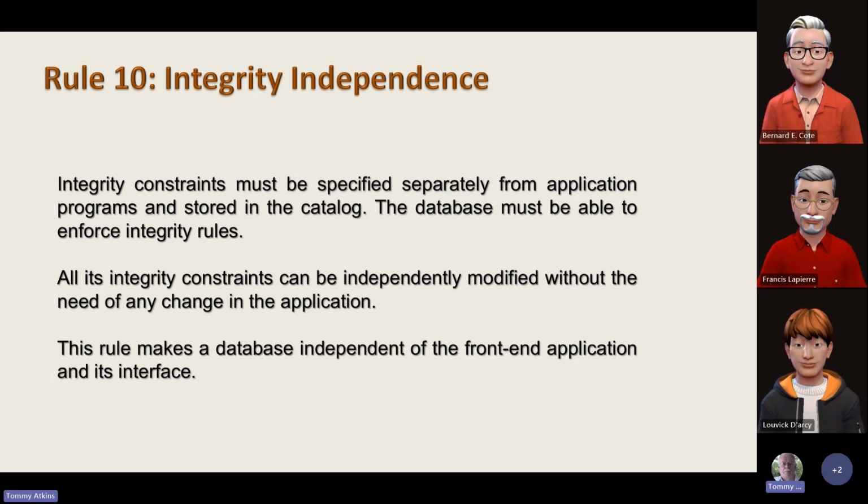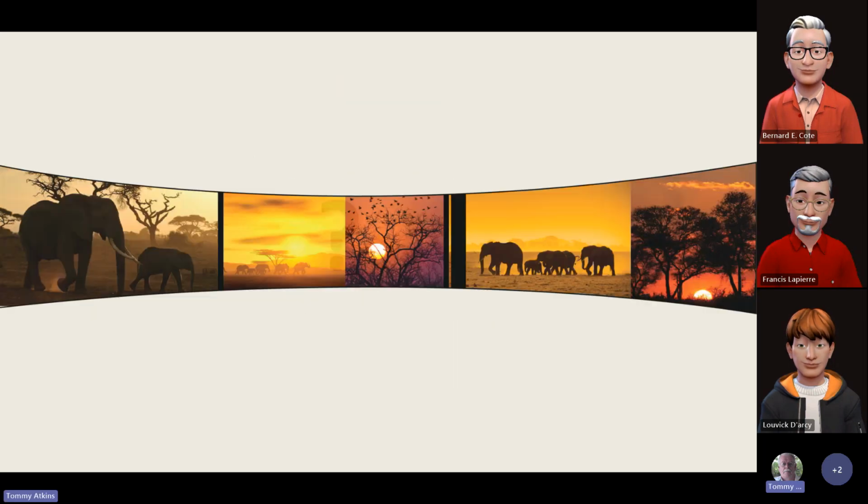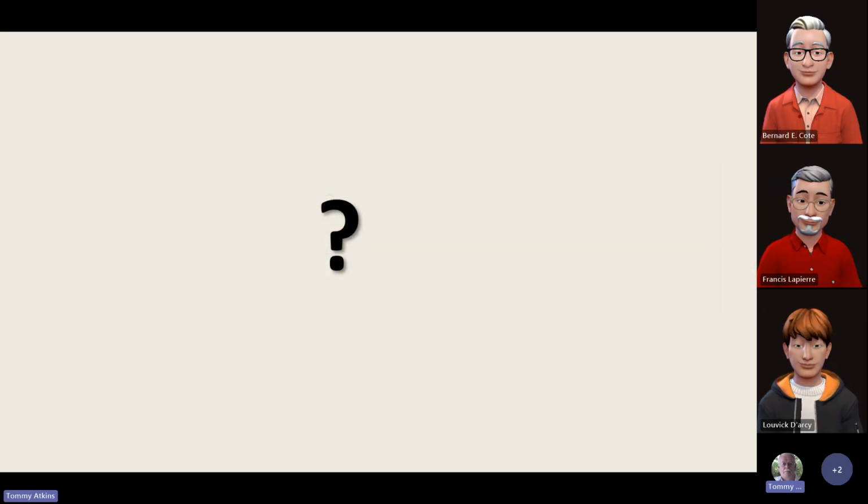That's a very important one, because that is going to guarantee the quality of your data in your database. It also includes relationships. So those are Codd's 12 rules of relational database management systems, and they are guidelines that you should be trying to aim for. Any questions?